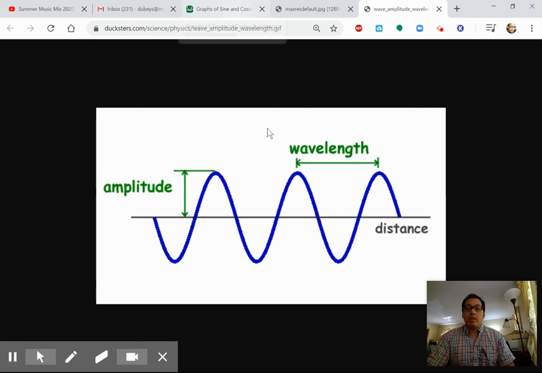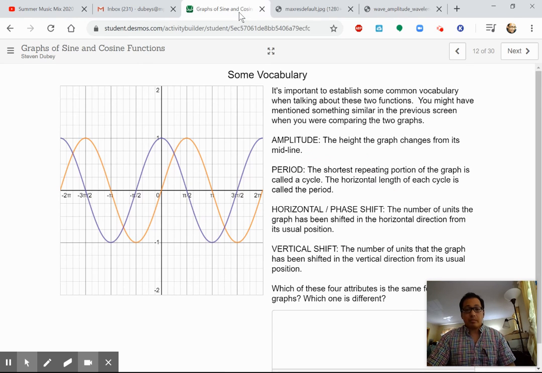And in terms of sound, changing the wavelength changes the frequency or the pitch of the sound. If I'm talking very high, then it's a shorter wavelength than if I'm talking very low, which is a longer wavelength. So that's amplitude and period.